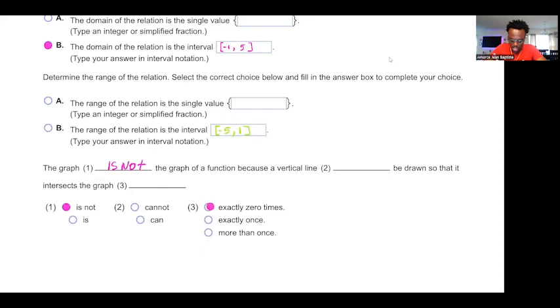Well, can be drawn so that it intersects the graph multiple times. Can be drawn so that it intersects the graph multiple times, more than once.